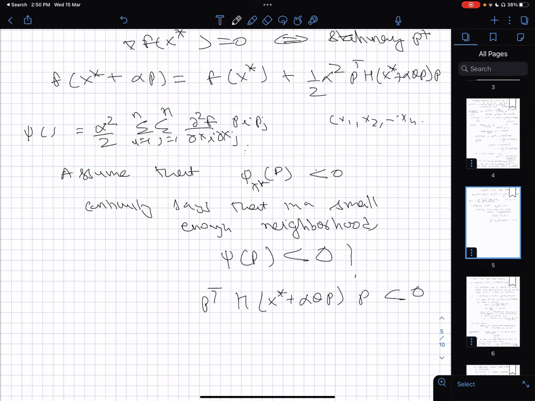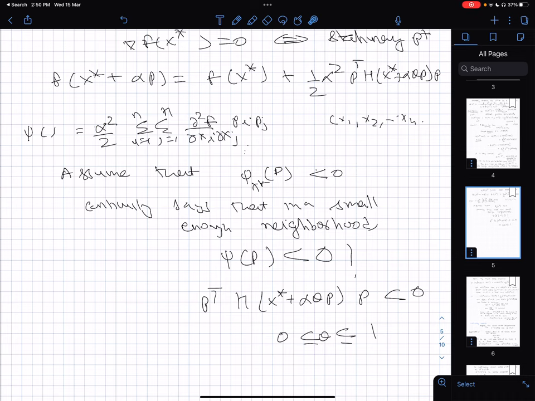Remember, theta is being calculated between 0 and 1. So these are essentially the values of the function psi in the small enough neighborhood as we keep changing theta.